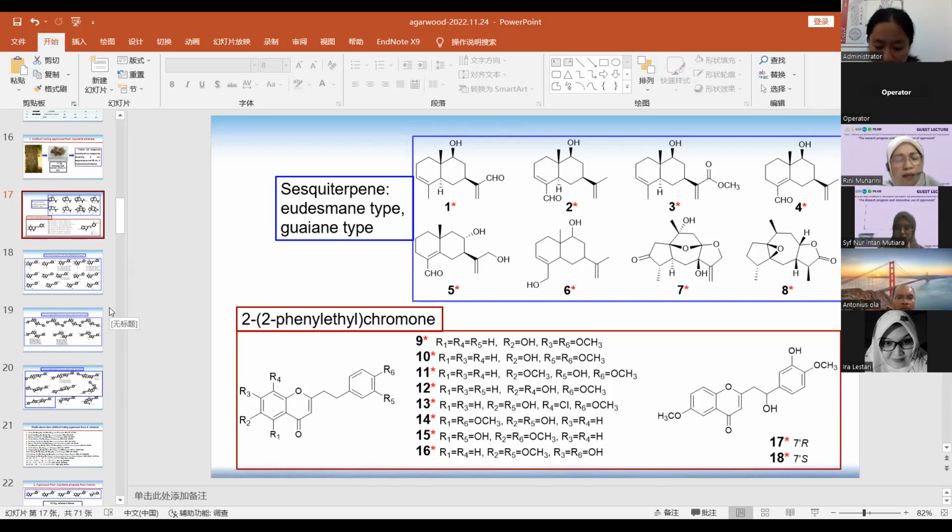Also, for the Qinan agarwood, Qinan is a high quality agarwood, compared to the normal agarwood, there is a difference in the essential oil between them.